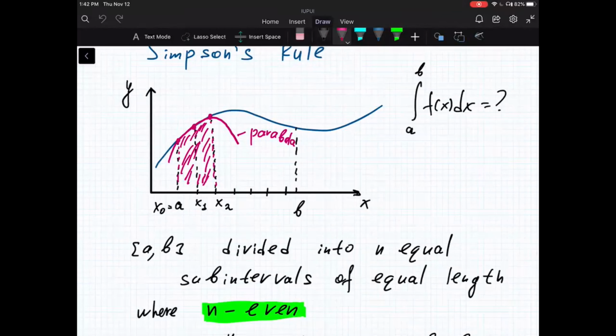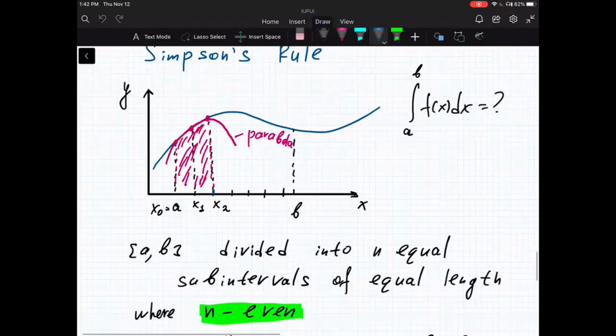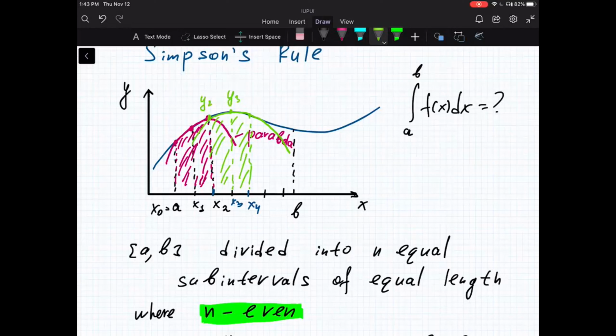And then you continue doing that. Next you consider the interval from x2 to x4. You have this point, this point, and this point. And again, you approximate your curve using another parabola that goes through these 3 points, probably like that. And again, you can calculate the area under the green parabola, but now using y2, y3, and y4.